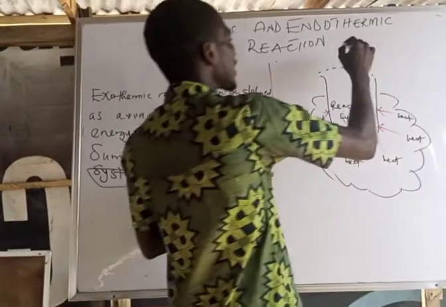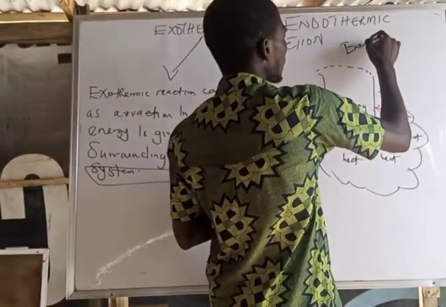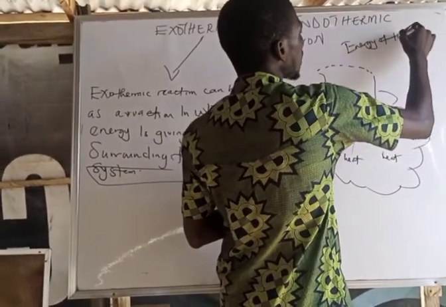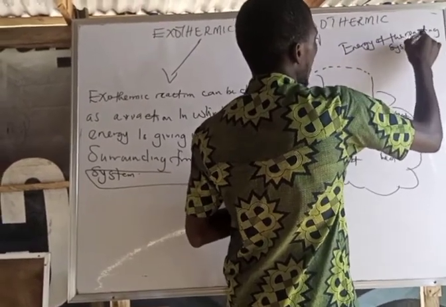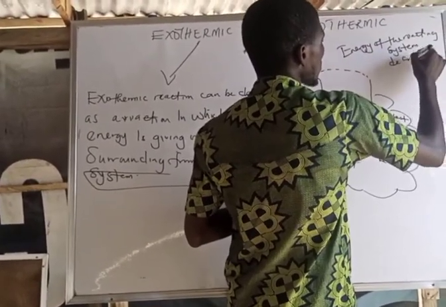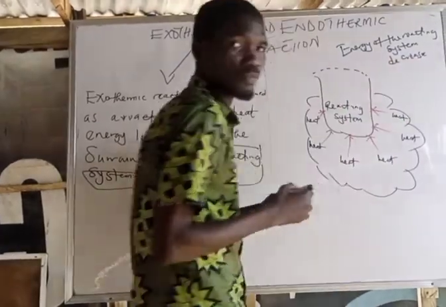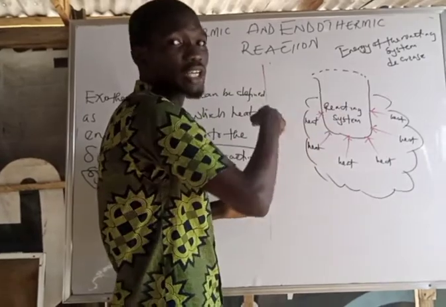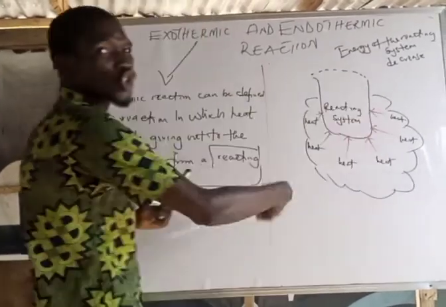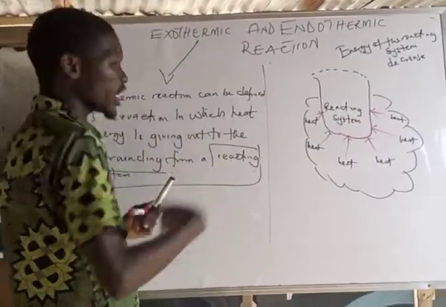So we said the energy of the reacting system decreases. And if the energy of the reacting system decreases, then the energy of the surrounding will increase.